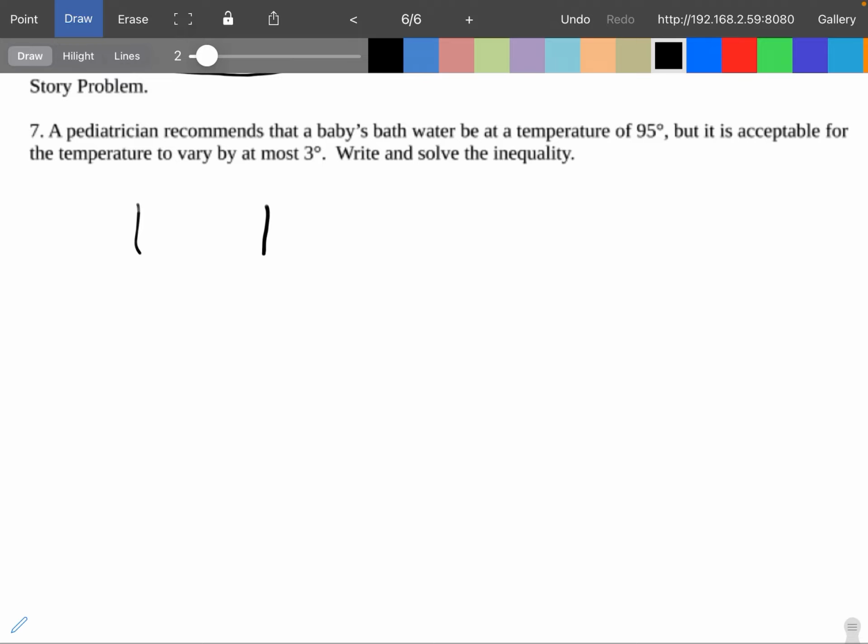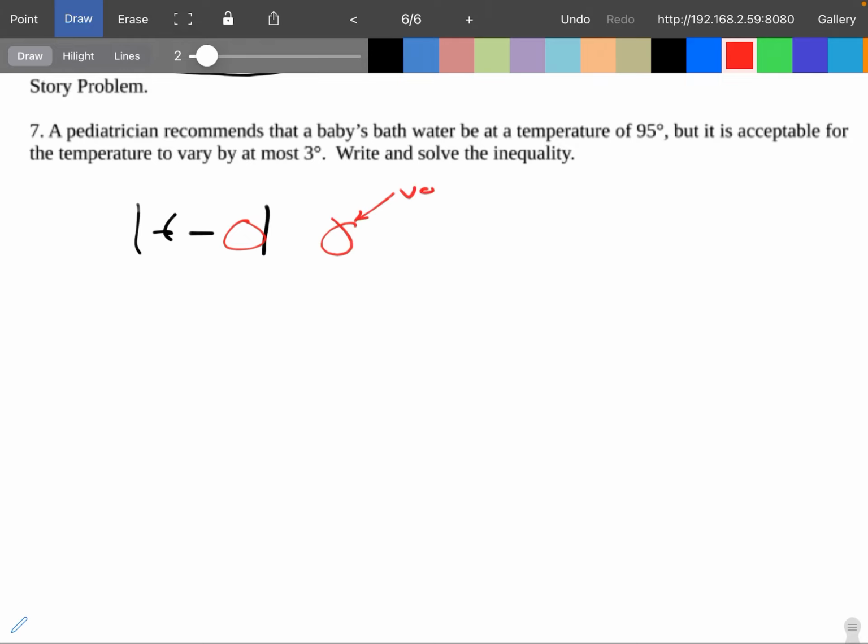So now if you think back to chapter 2, again, hang with me, we're almost done. This is going to be an absolute value inequality, so we need an absolute value. And inside there, we're going to put the difference between the actual temperature and the recommended temperature. So really what we're trying to do is decide in these two spots, where does the 3 go and where does the 95 go?